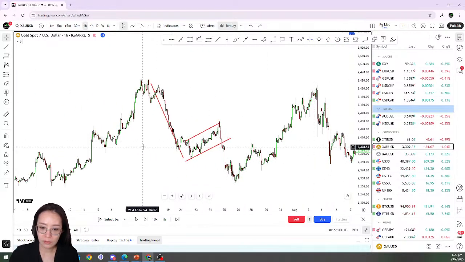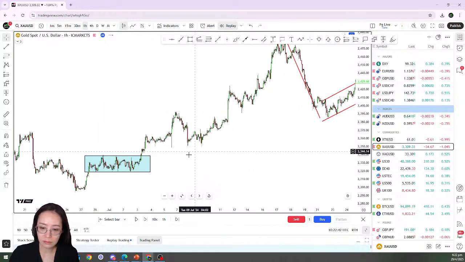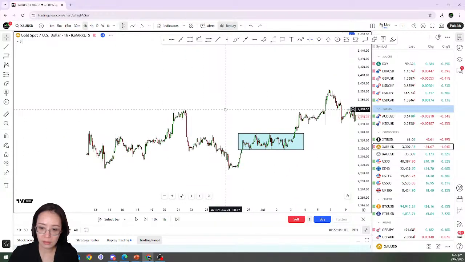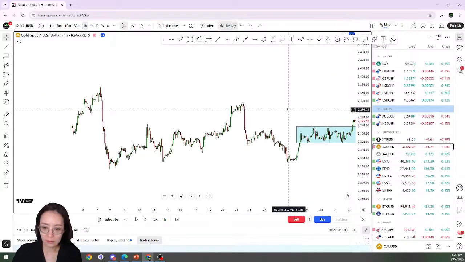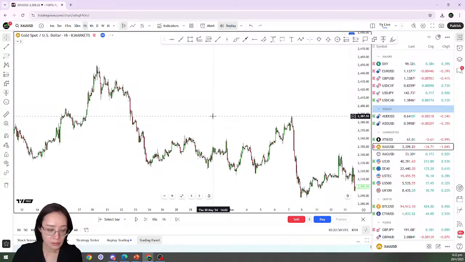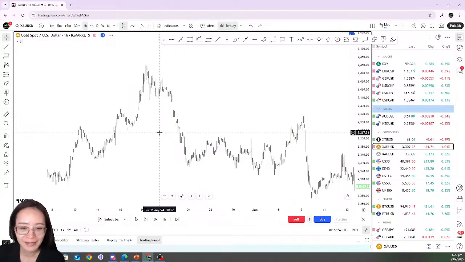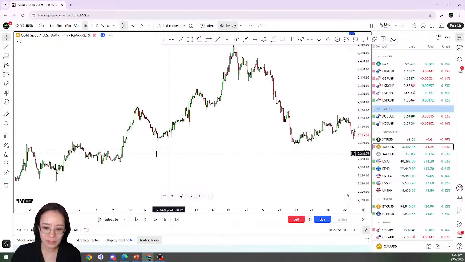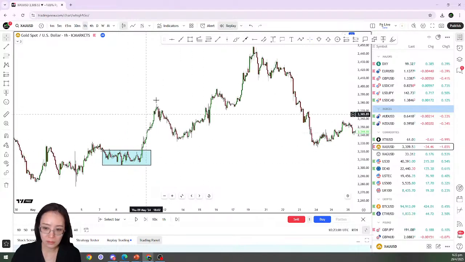What do you see in this one? Just the one sideways. These are sideways, right? This is sideways within the box and then rising.